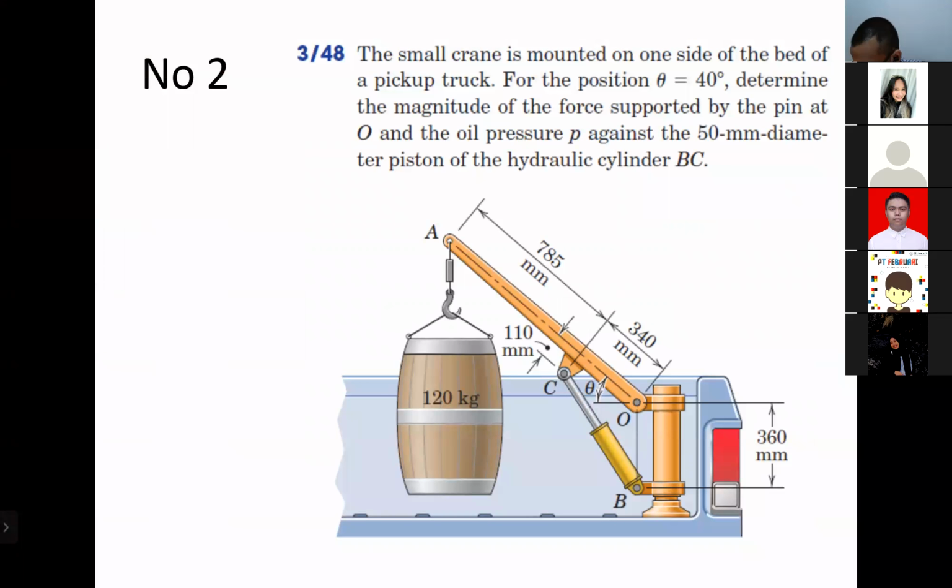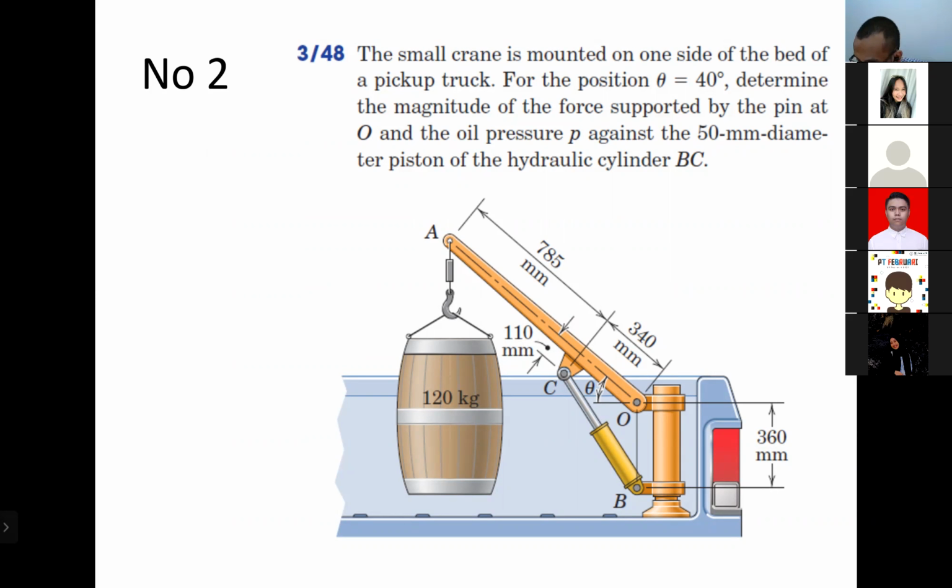Yeah, the one above point O. What's the problem with that? I find it confusing when I try to calculate it, sir. Why do you need to be confused?